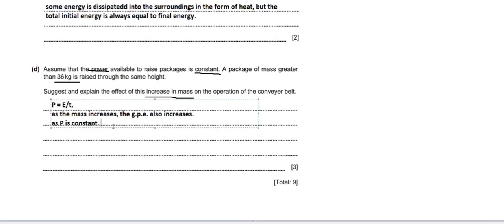Okay, and so we can say here, more amount of work needed to raise to same height, because energy is nothing but the work and energy is directly proportional to T. So more amount of energy is needed, more amount of work is needed to go to the same height.